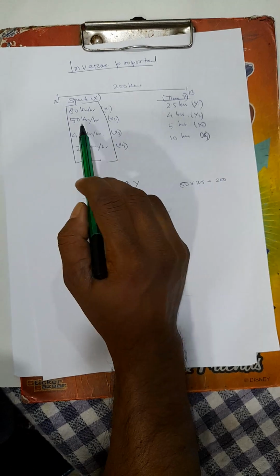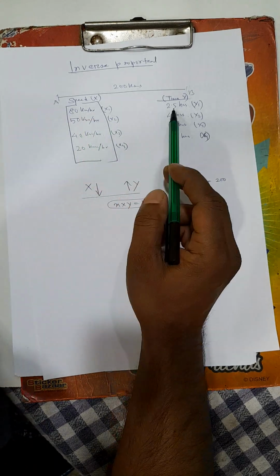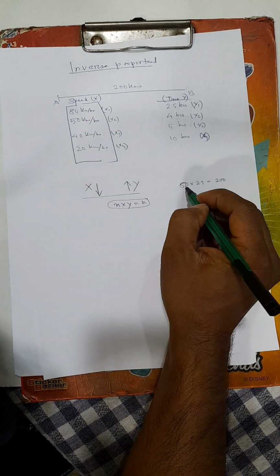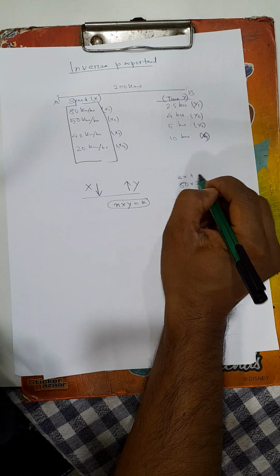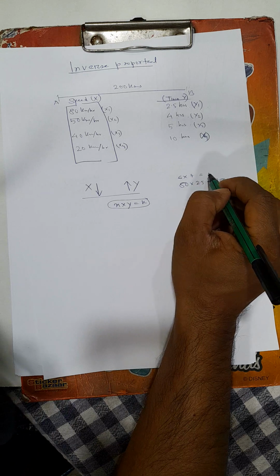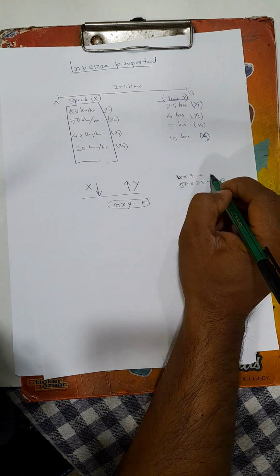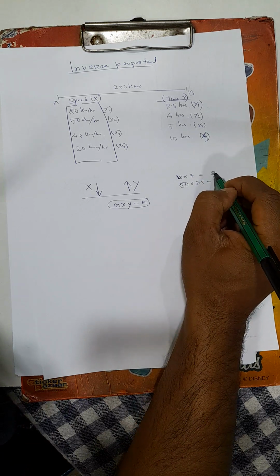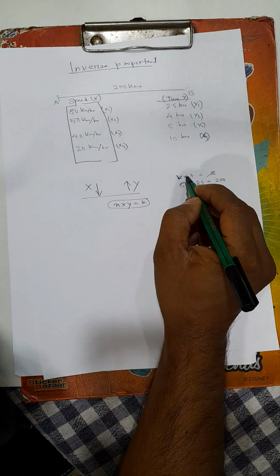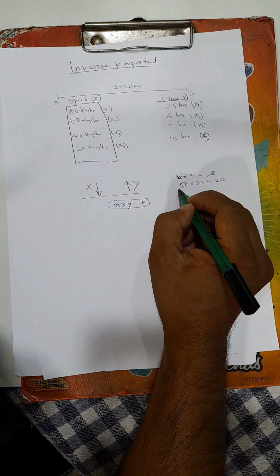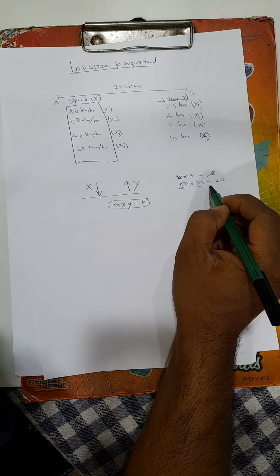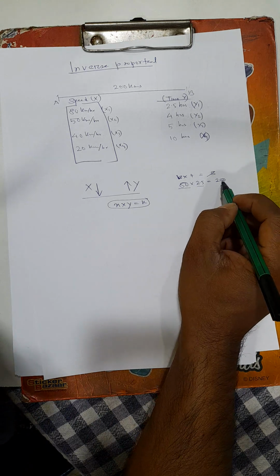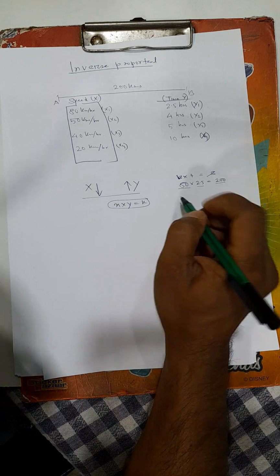If you are traveling at 80 km per hour, you will take 2.5 hours. That means speed into time equals distance traveled. Speed is denoted by v, and distance traveled is s. So v into t equals s. When you are traveling at 80 km per hour, time taken will be 2.5 hours, so you will travel 200 kilometers.